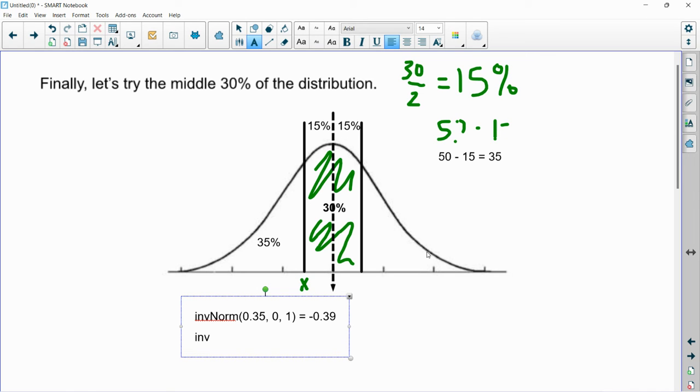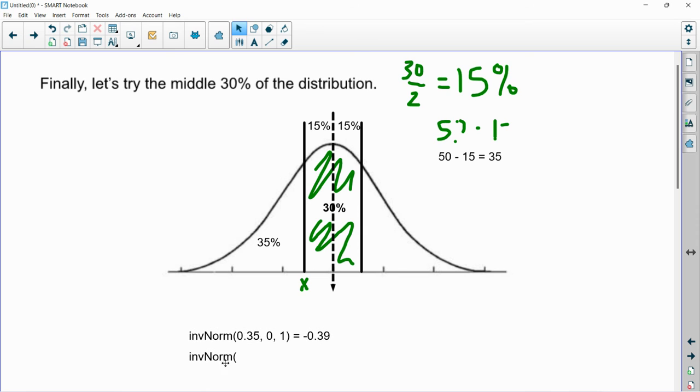So I'm going to do inverse normal again. Now we're going to have a different percentage. Let's say that the z-score, this cut z-score here is y. So now, what is the percentage to the left of this line?